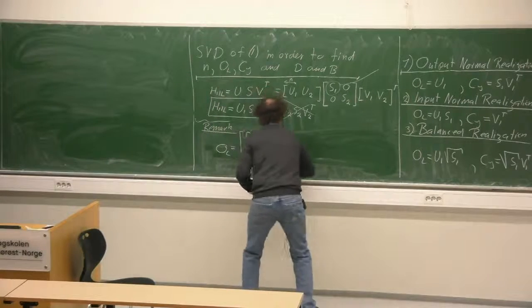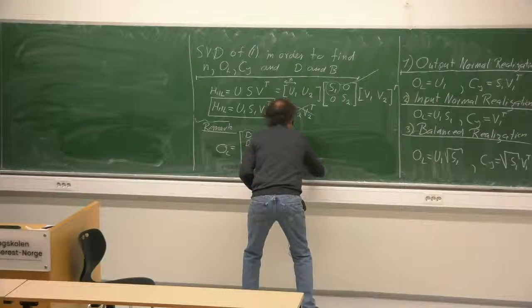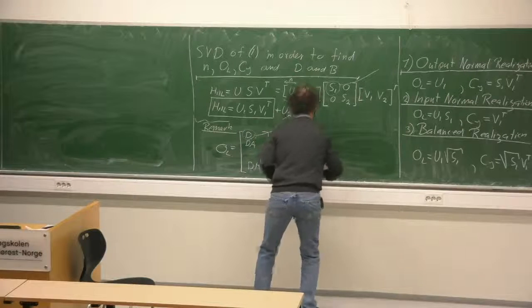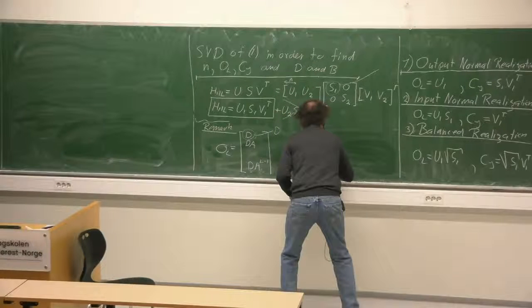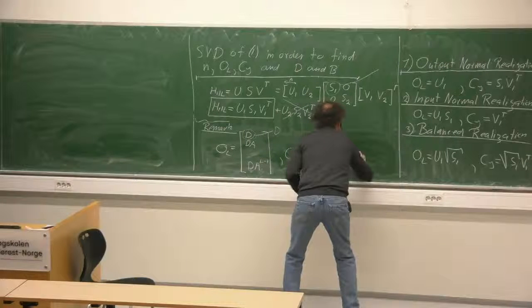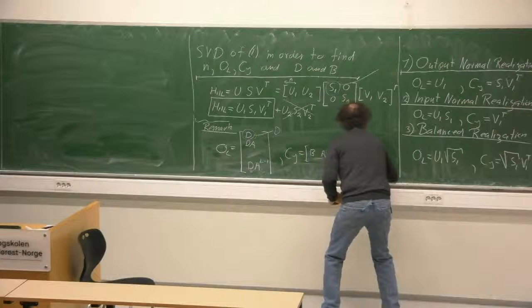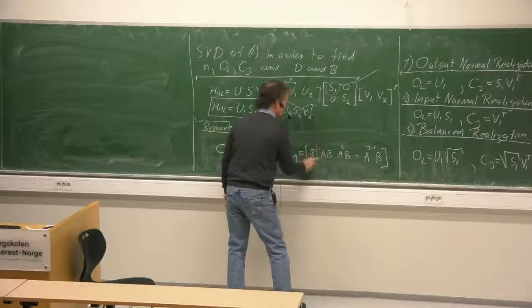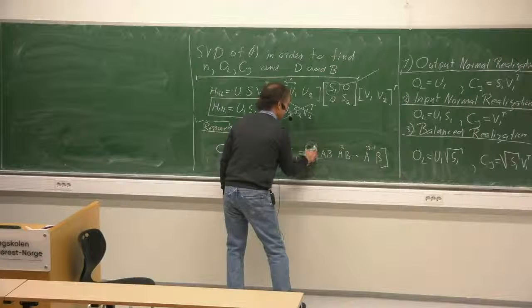And similarly, from the definition of the controllability matrix, which is B, AB, A squared B, dot, dot, dot, up to A^(J-1)B, we simply find B as this first block here.